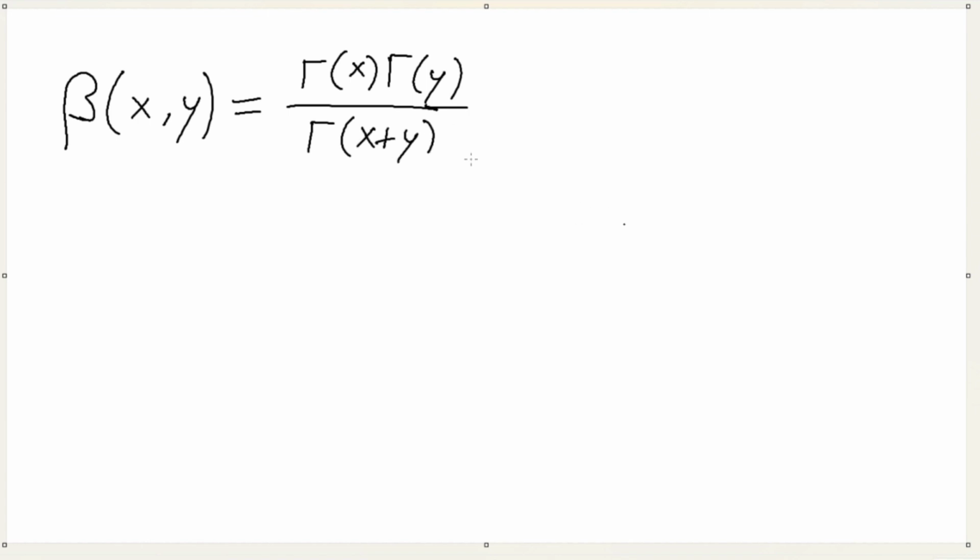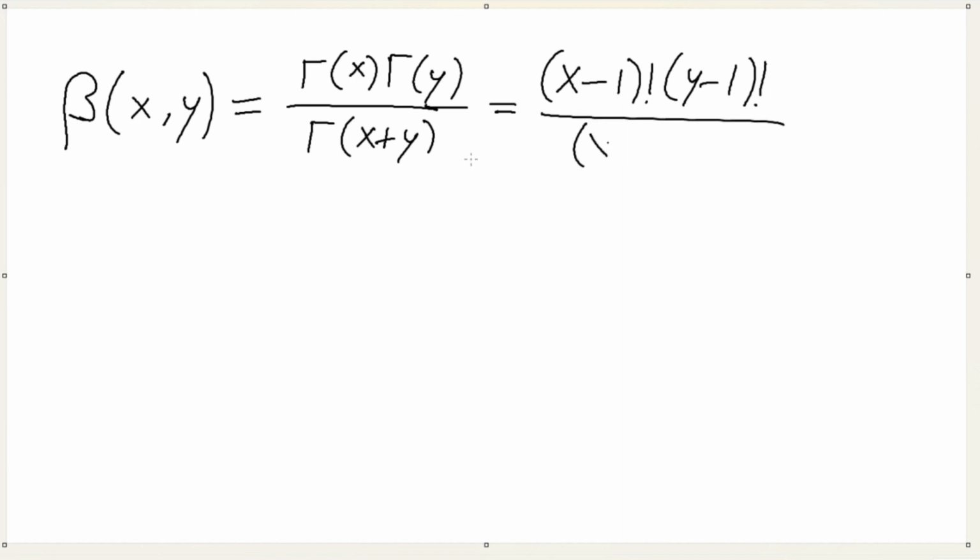The reason why I put it in gamma function is because this is a lot easier to see and memorize. If I put it in factorial definition, it's going to look weird: x minus 1 factorial, y minus 1 factorial, and then x plus y minus 1 factorial.